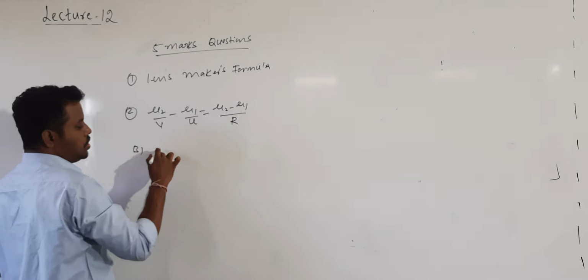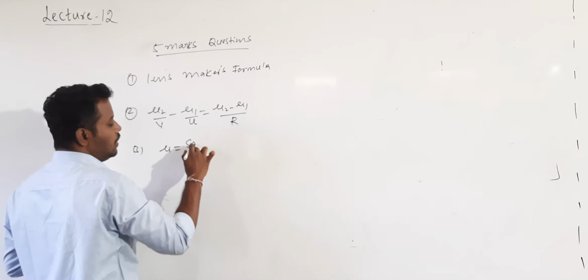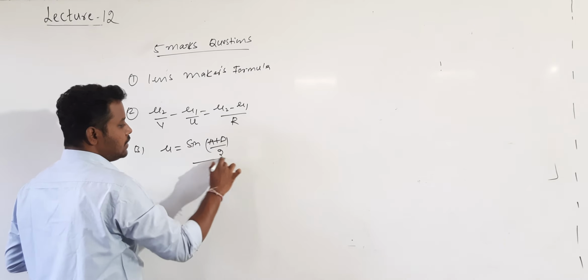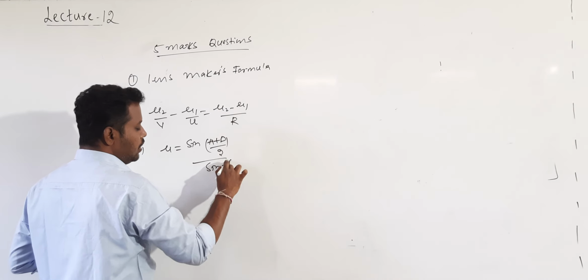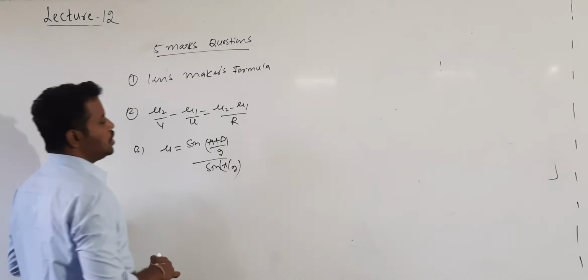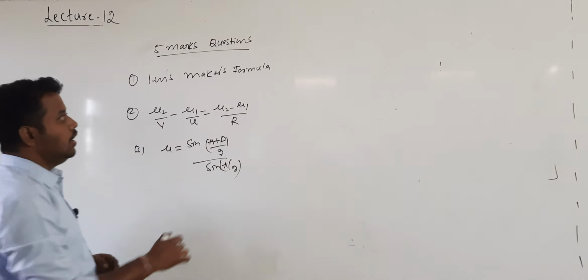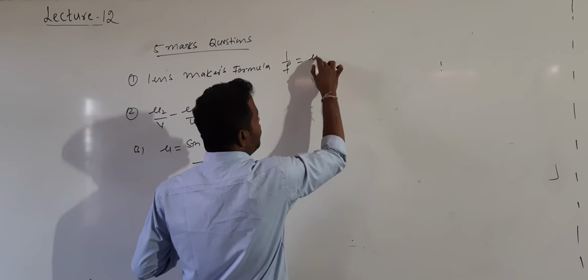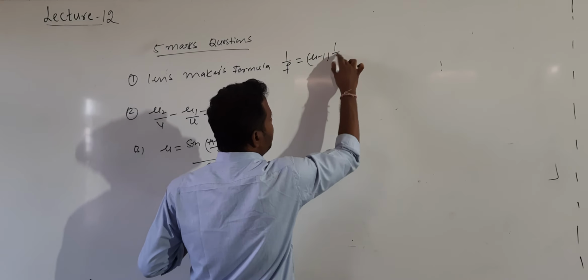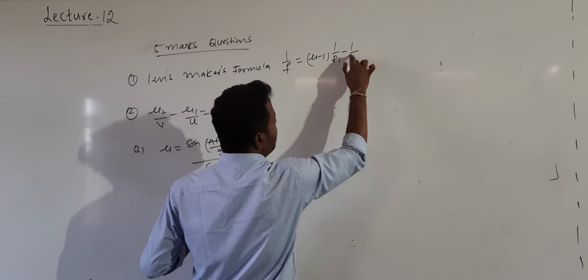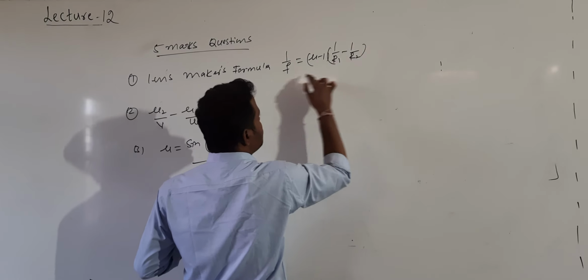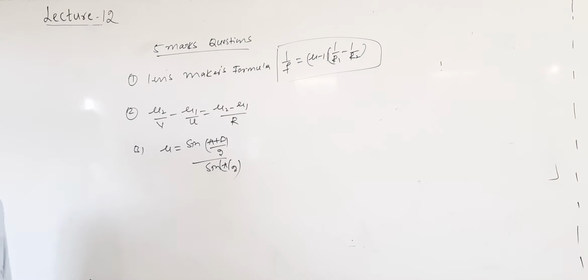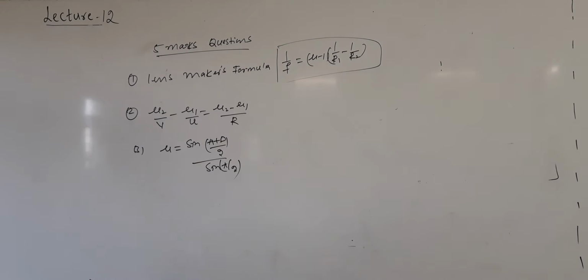And one more important question is mu is equal to sine of (A plus D) by 2 divided by sine A by 2, for a prism. These 3 are the questions given many times. The lens maker's formula is nothing but 1 by f is equal to (mu minus 1) into (1 by r1 minus 1 by r2). These 3 are many times repeated questions.